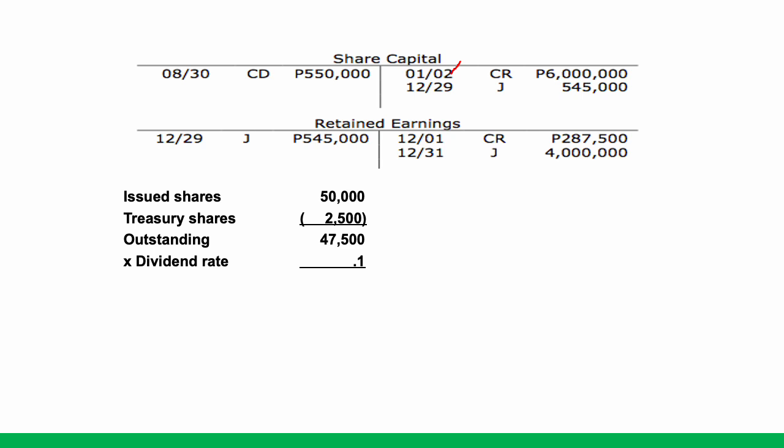For a large dividend declaration, meaning at least 20% or above, it will be capitalized at par or stated value. So the amount charged to retained earnings would be equal to the par value or stated value of the shares. For a small share dividend, which is when the declared percentage is below 20%, the amount to be recapitalized from the RE is equal to the market value of the shares.